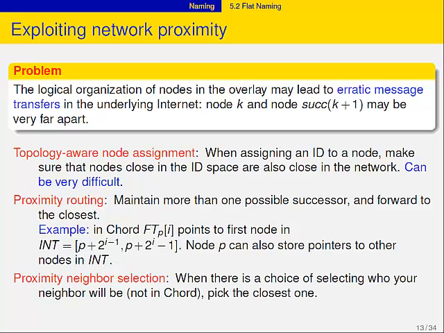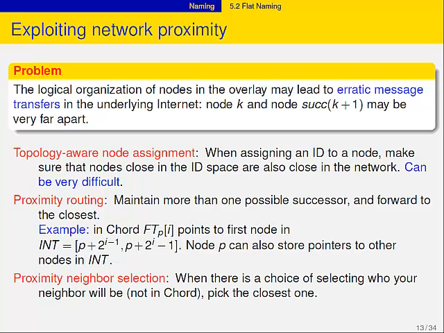Now, one thing that you cannot do in Chord, but which you can apply in a system called Pastry, is proximity neighbor selection. I have some information on that in the book, but I won't delve into any details over here. If there's a choice of selecting who your neighbor could be, you pick the one closest to you. And Pastry has this.